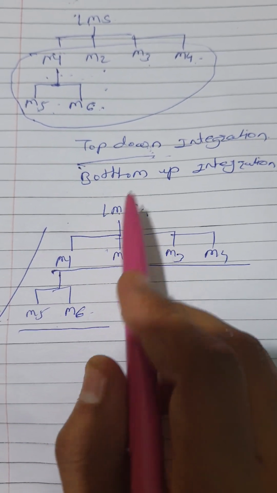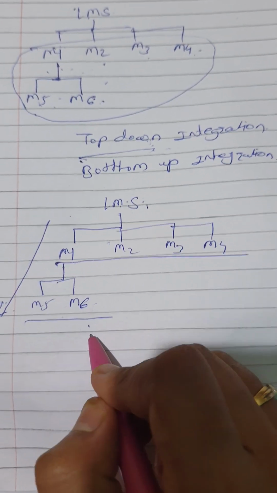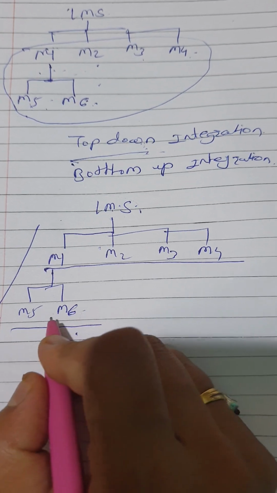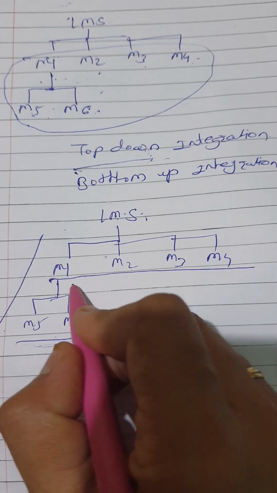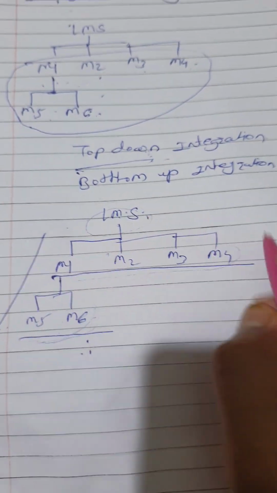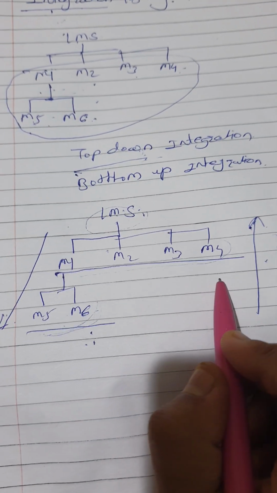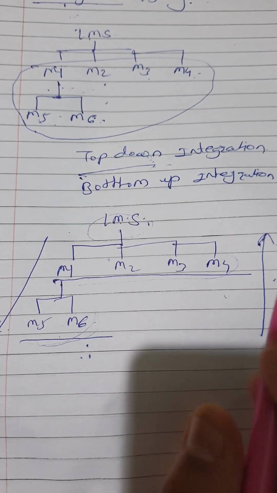In bottom up integration, the flow of testing is from bottom to top, means from lowest priority up to the highest priority. First testing is performed on these submodules, then on these modules, and then on the main system. So the flow is from bottom to top. Such type of testing is called bottom up integration testing.